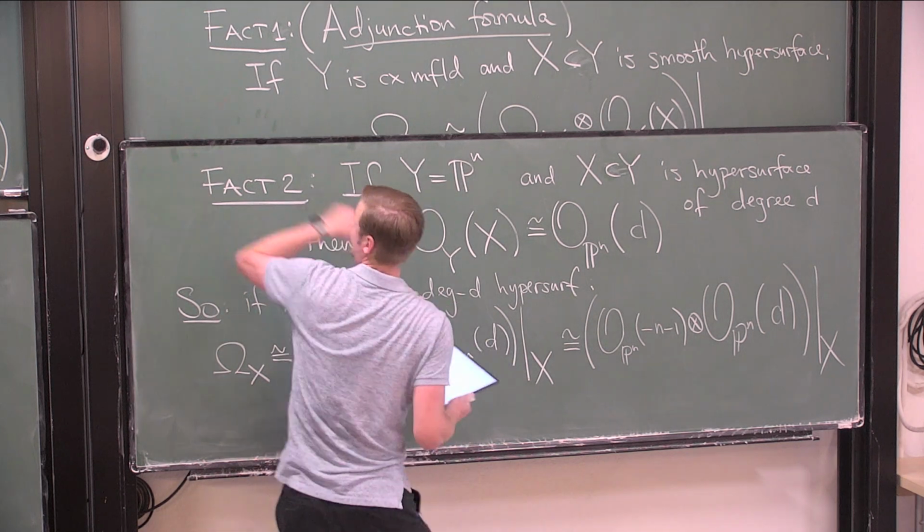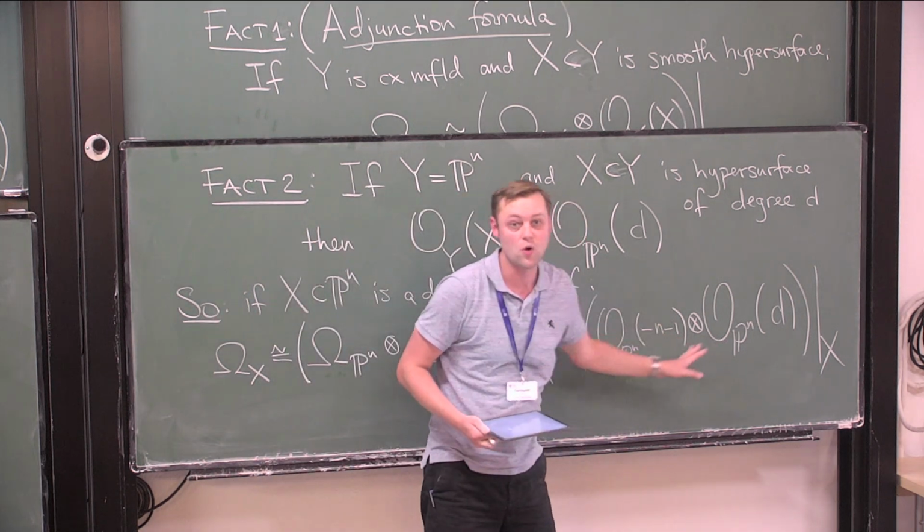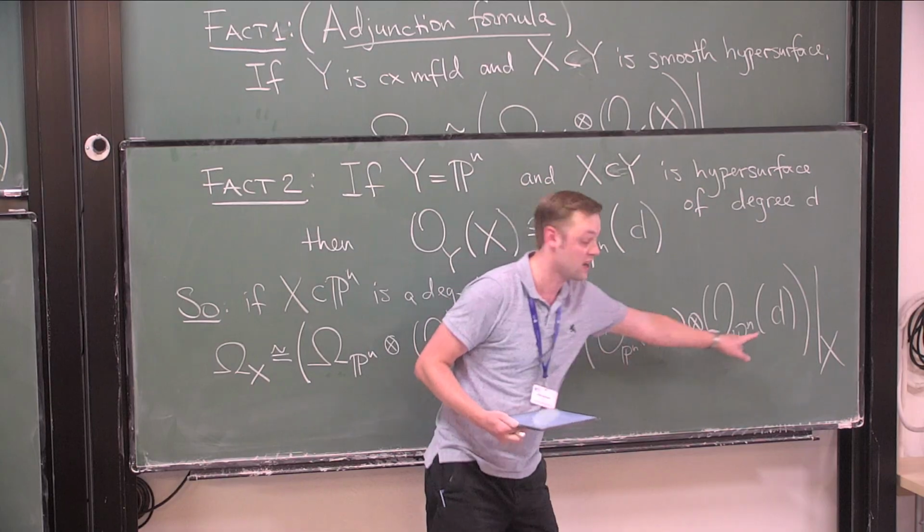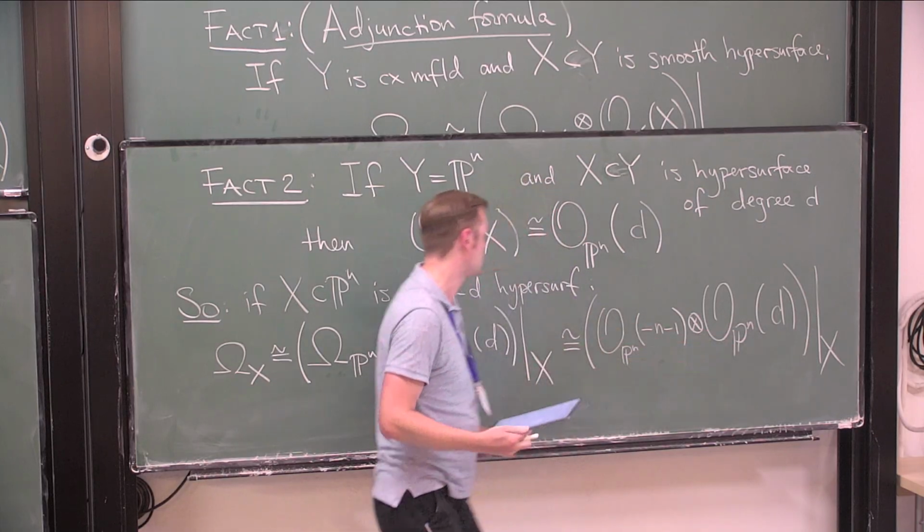Earlier, I also told you about this nice arithmetic property on these O of k bundles, that when I tensor them, I actually just have to add twisting degrees.